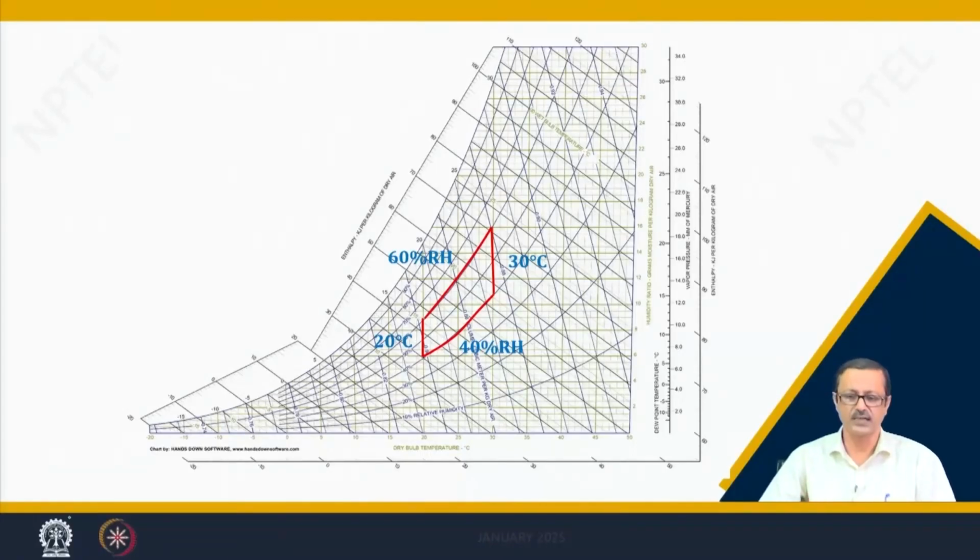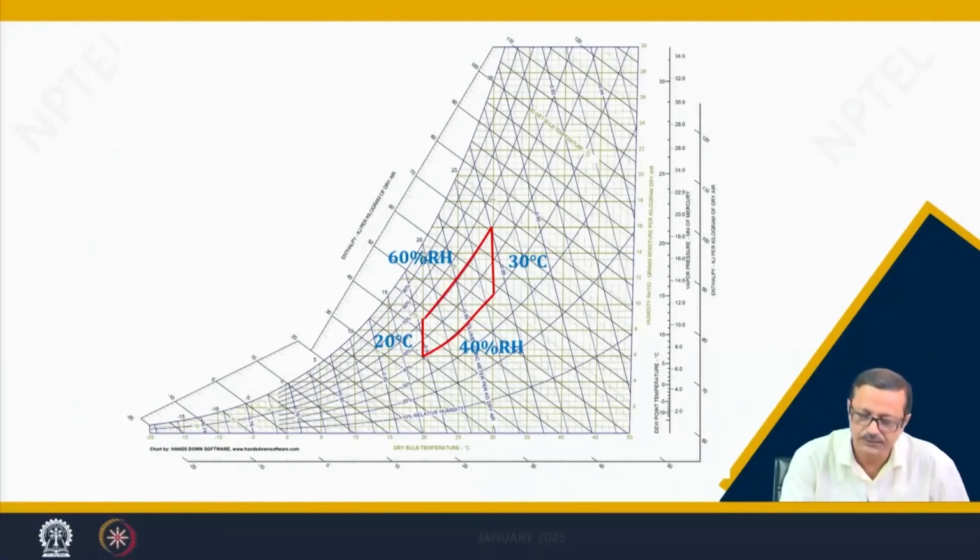Let us assume 20 degree centigrade to 30 degree centigrade as the comfort temperature, whereas the 40% relative humidity is the lower curved line and 60% relative humidity is the upper curved line. In between 40 to 60% relative humidity will be considered the comfort zone.